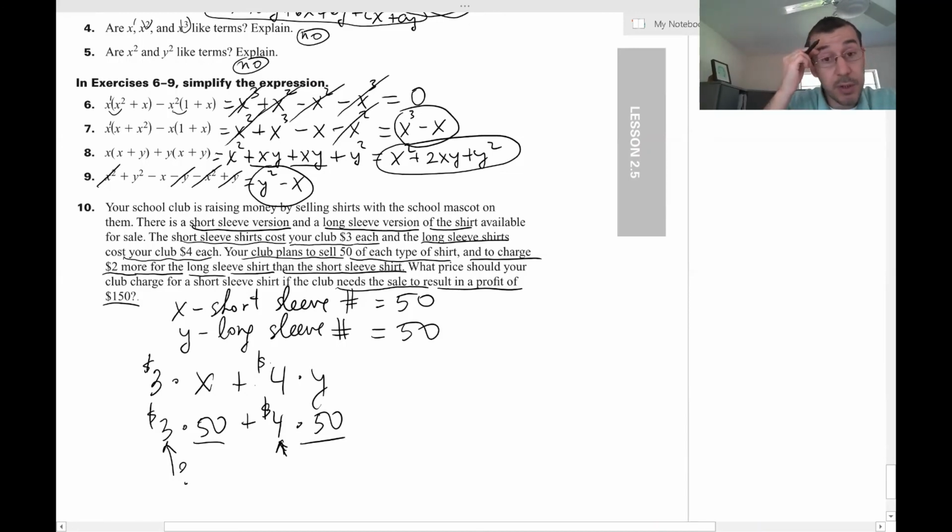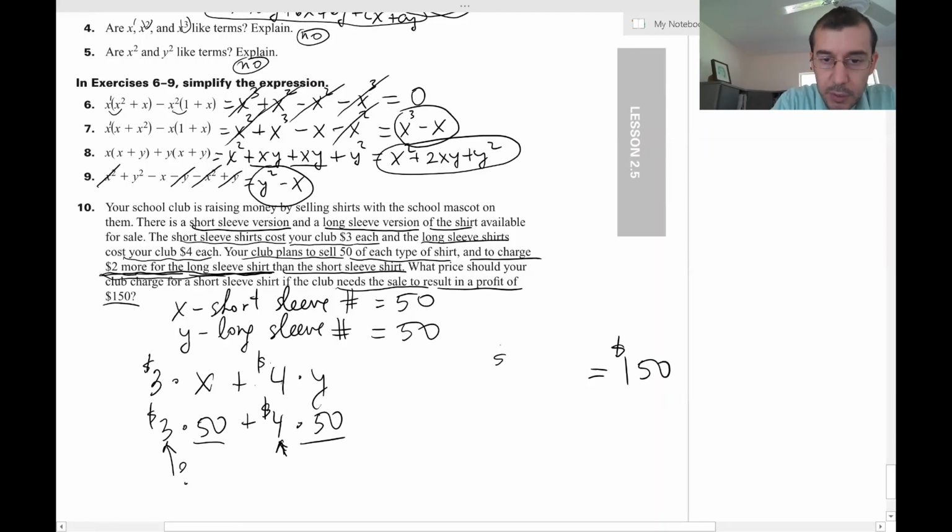Okay. So we're trying to get a profit. We have to get to a $150 profit. We are going to charge $2 more for the long sleeve shirt. So for the long sleeve shirt, instead of $4, we're going to charge $6. So $2 more. So that's the $2 is the profit that we make.